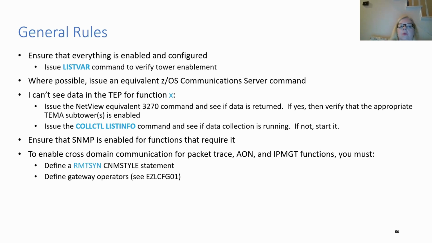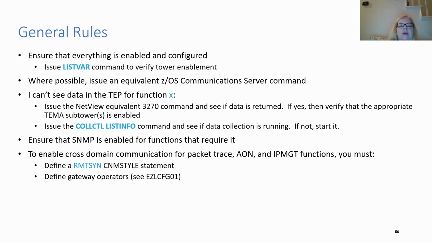If something's not working in NetView, or you don't think the data is correct, issue an equivalent z/OS Communications Server command. Because we get that data from z/OS Communications Server, we do some calculations for the distributed device statistics, but in general, we're not making up the data. We're getting it from the z/OS CS.